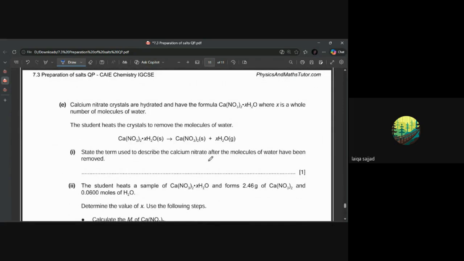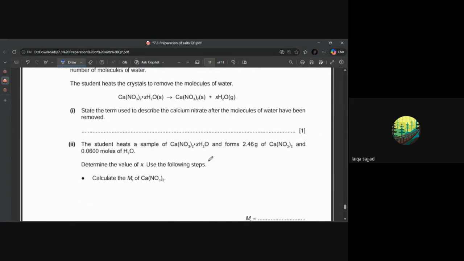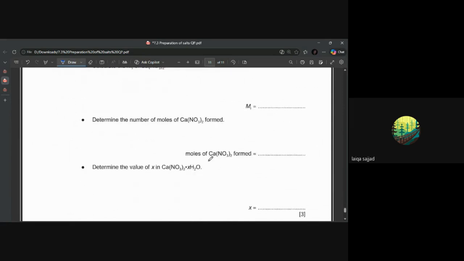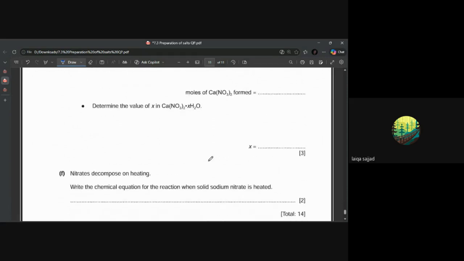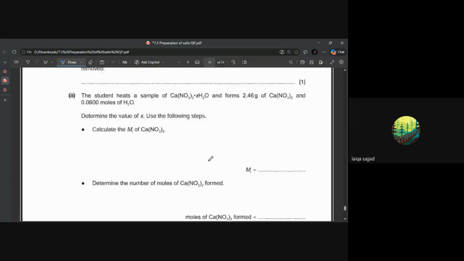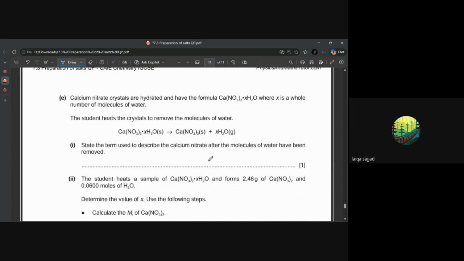This one is about moles. The student heats the crystals to remove the molecules of water. Calcium nitrate crystals are hydrated and have the formula Ca(NO3)2·xH2O, where x is a whole number of molecules of water.